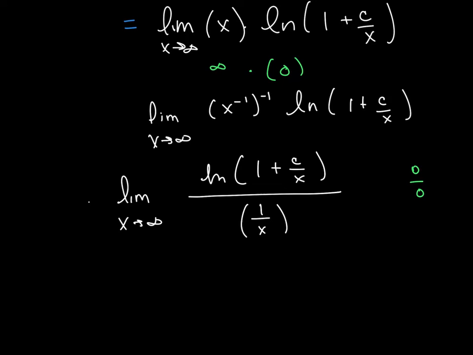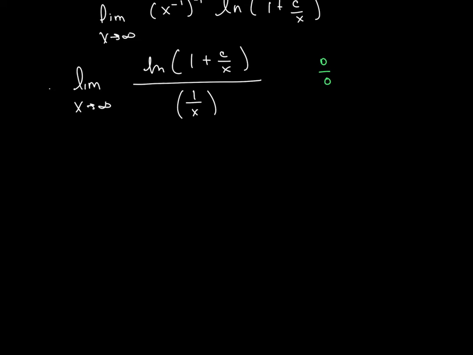So I just have to find the derivative of the numerator and the derivative of the denominator. For the derivative of the numerator, I have the natural log of 1 plus c over x. For that, the derivative of the natural log is just u prime over u.